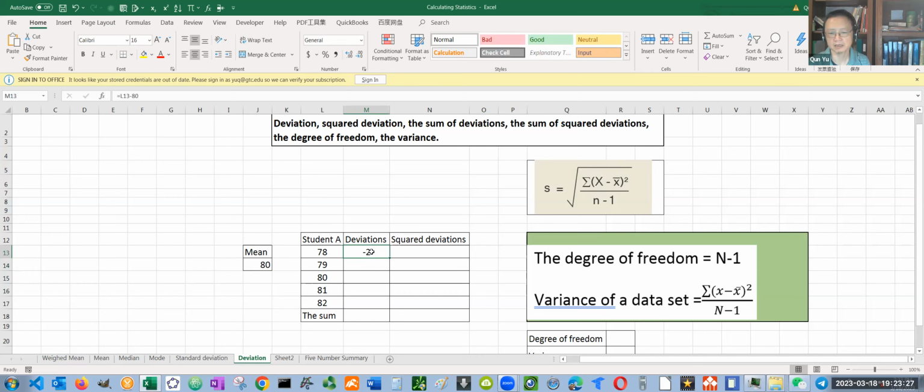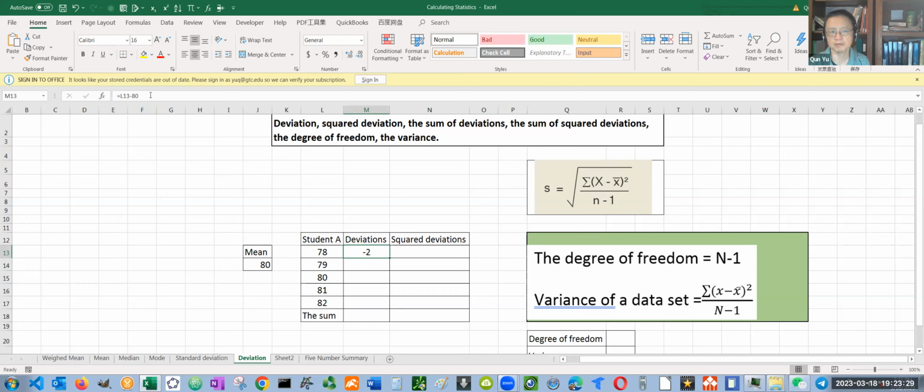Now select this cell that contains the formula. Then put your mouse cursor on top of this small square until the mouse cursor changes shape. Then we drag it down. So these are all of the deviations. And we also need to calculate the squared deviation, right? So we need to square all of these numbers one by one.